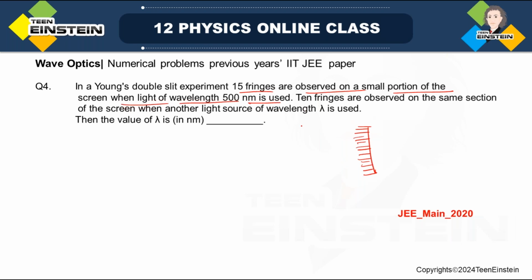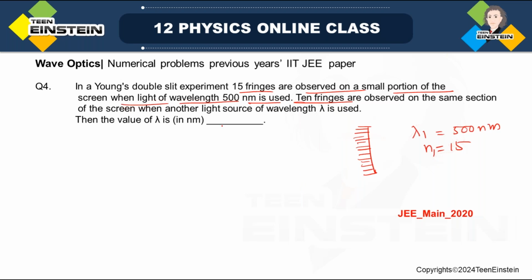Here you want to see 10 fringes. So suppose lambda 1 was 500 nanometer, then on this screen you could see the number of fringes n1 equal to 15.